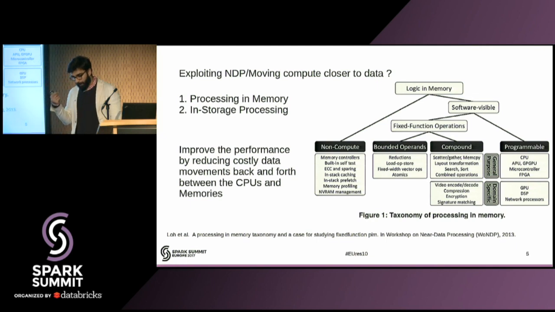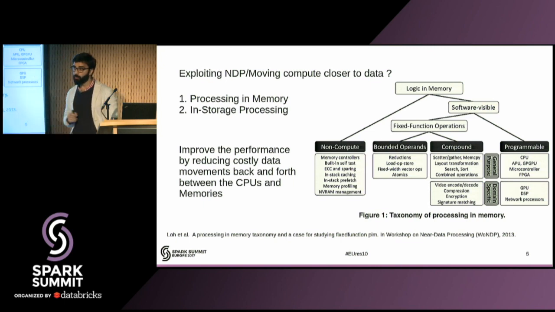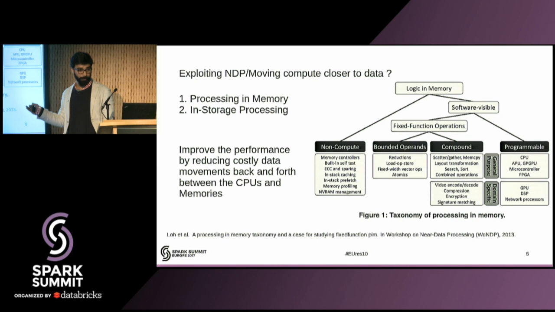But if your workloads are bound by latency, which means you are doing a lot of data movement back and forth between main memory and the CPU cores, would it make sense to move the compute units either inside the memory or inside the storage, or maybe a combination of both? That's where the paradigm of near data processing comes into the picture: it's a combination of processing in memory and in-storage processing.